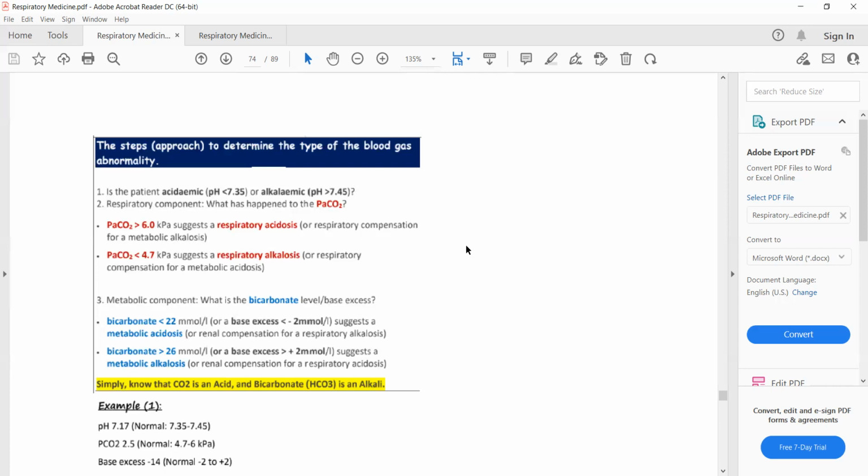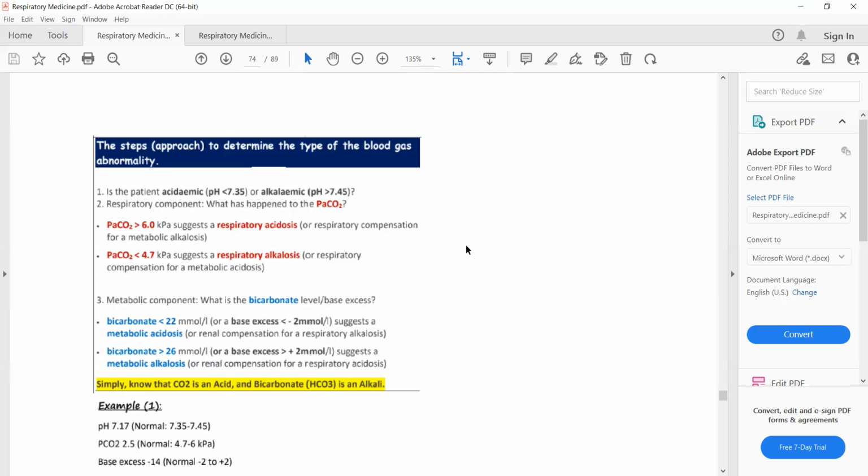If the bicarbonate ion is less than 22, then it will be metabolic acidosis. If the bicarbonate ion is more than 26, then it will be either metabolic alkalosis or a compensation for respiratory acidosis, because the compensation for respiratory acidosis will be metabolic alkalosis.